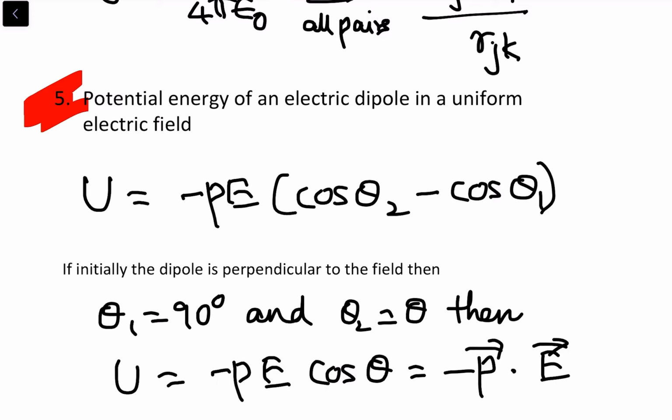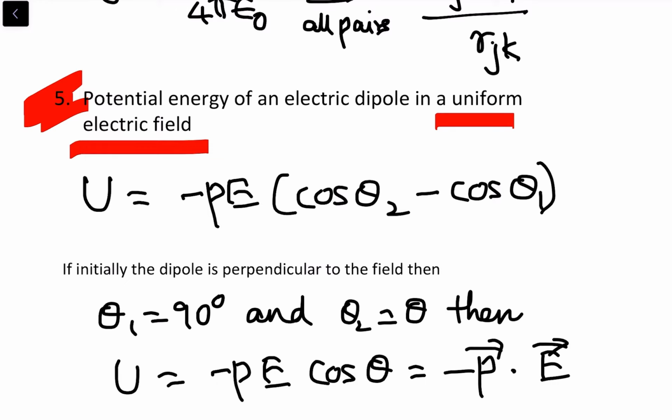The potential energy of an electric dipole in a uniform electric field is U equals pE times cos theta 1 minus cos theta 2. Suppose the dipole was making an initial angle theta 1 and a final angle theta 2.